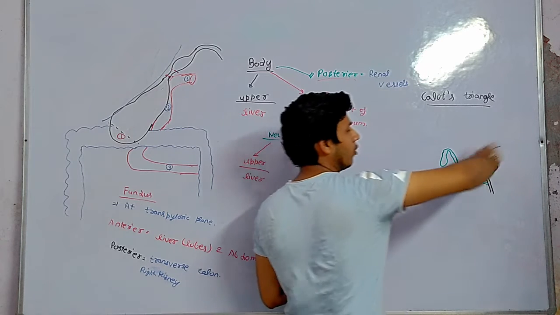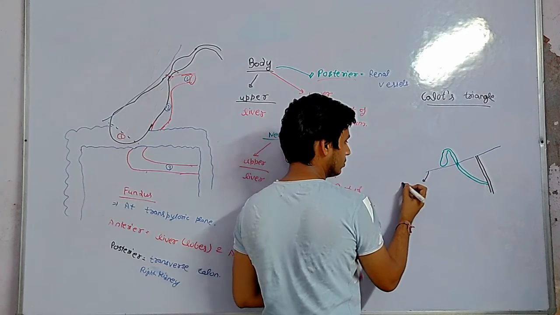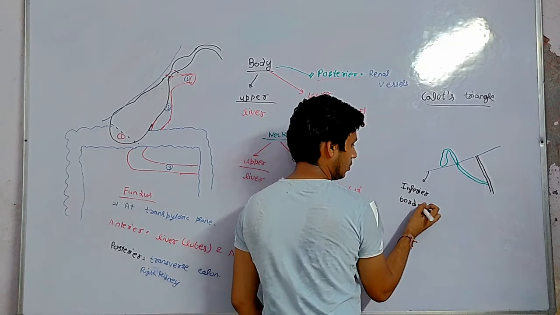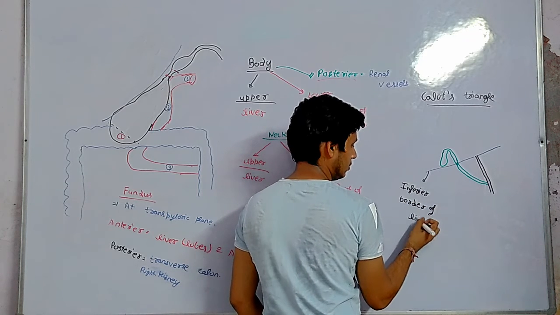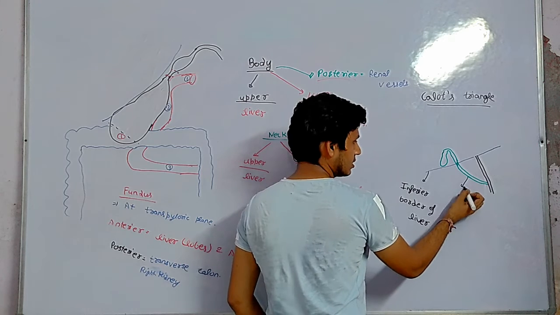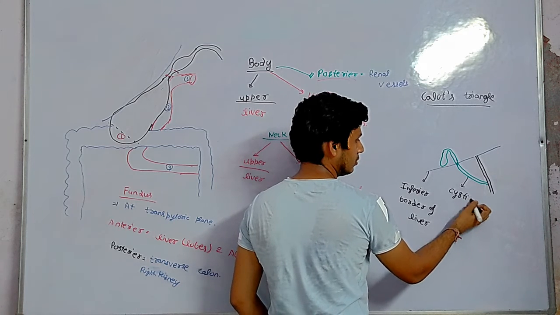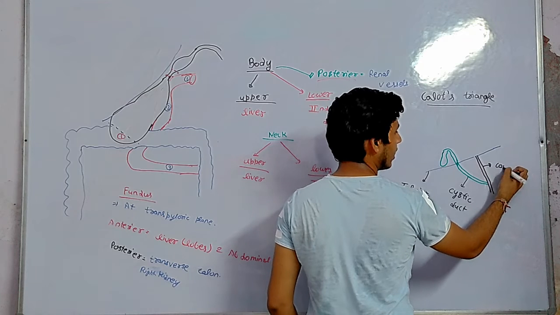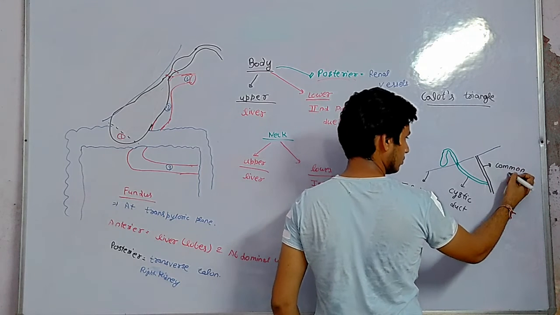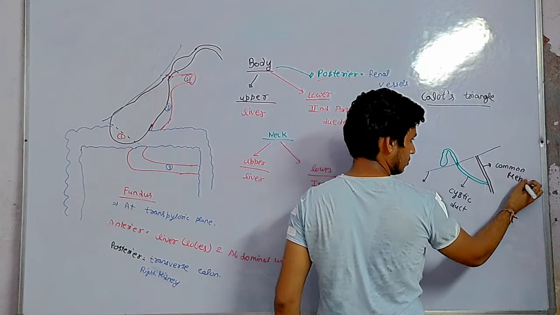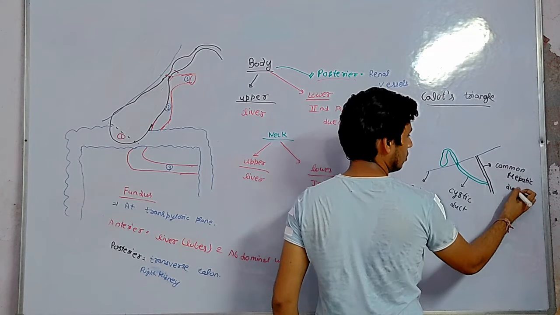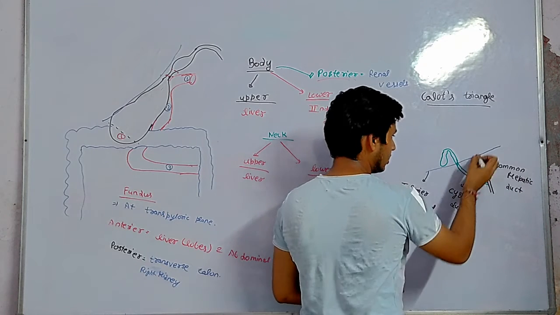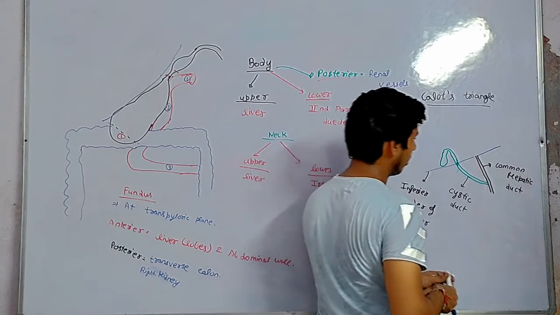And this is the inferior border of the liver. This is the cystic duct. And this is the common hepatic duct. So this triangle formed is called Kellogg's triangle.